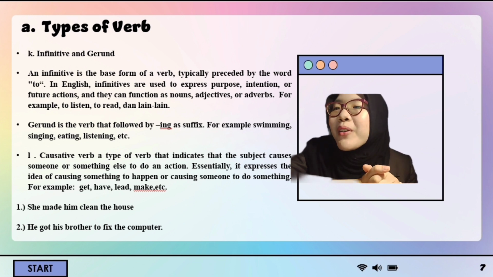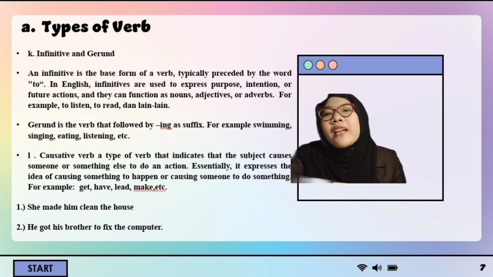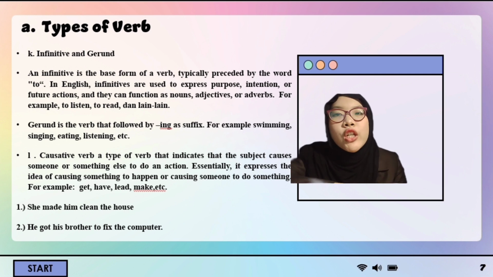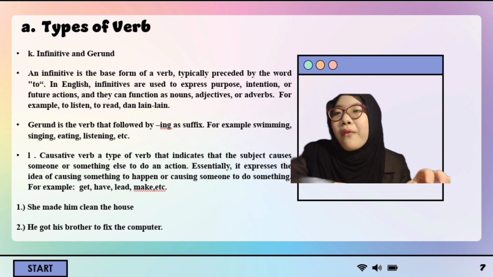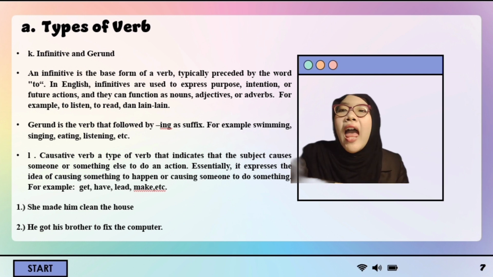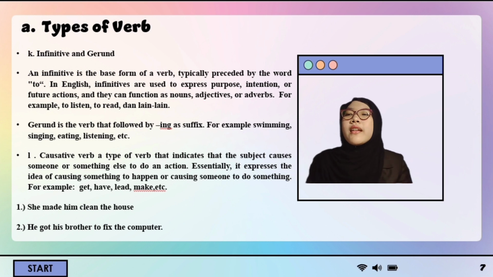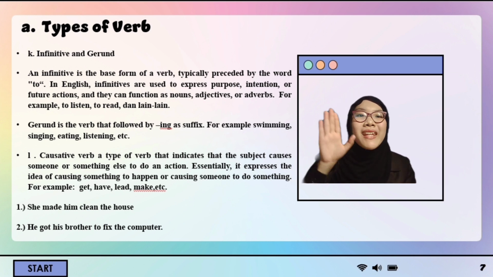The next one is about the causative verb, a type of verb that indicates that the subject causes someone or something else to do an action. Essentially, it expresses the idea of causing something to happen or causing someone to do something. For example, get, help, lead, make, etc. The first example is she made him clean the house.